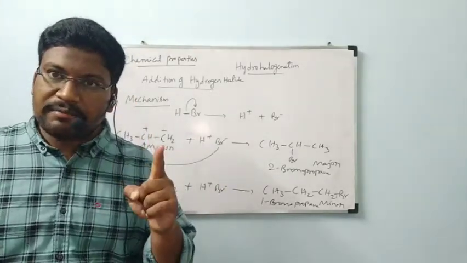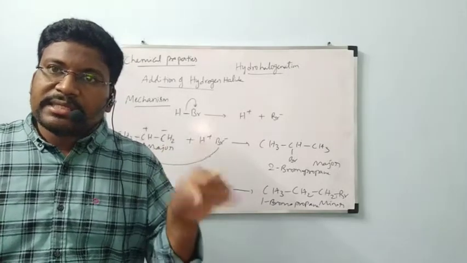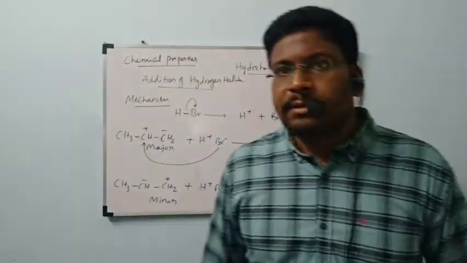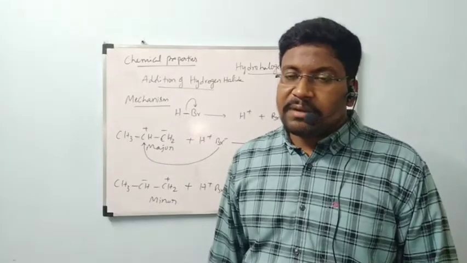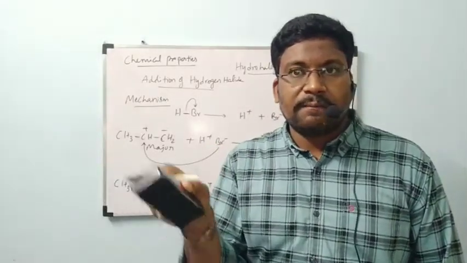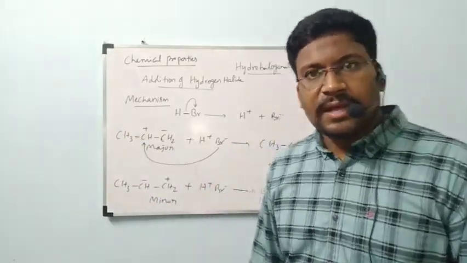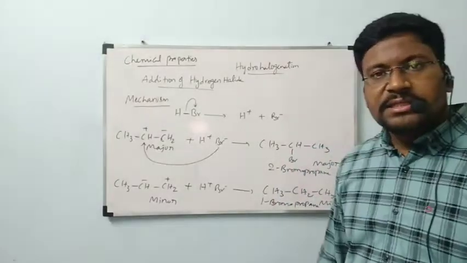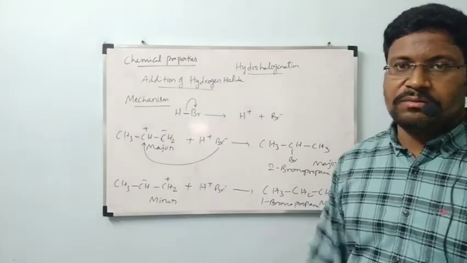The negative part of the addendum is added to the doubly bonded carbon which contains fewer hydrogens. That statement is very important for writing the major products in so many reactions next year. So we need to remember that highly, even though the mechanism is not there. The mechanism is useful for understanding how we got that type of product.